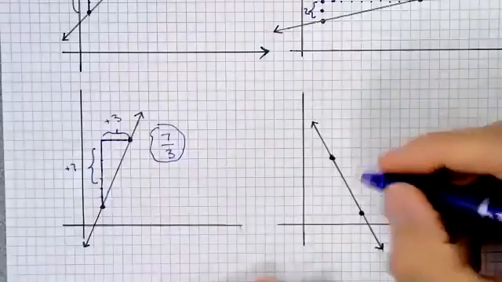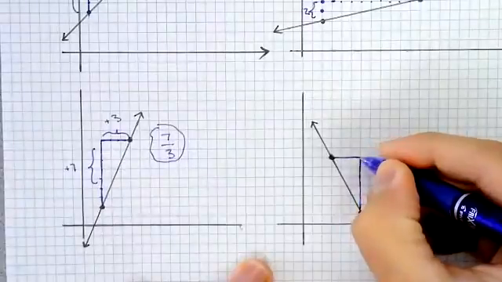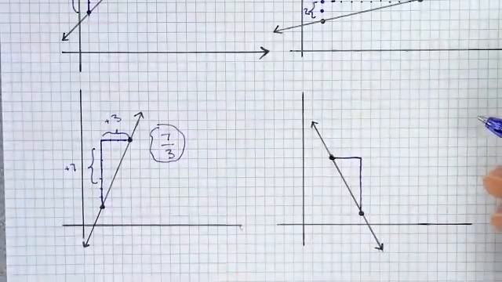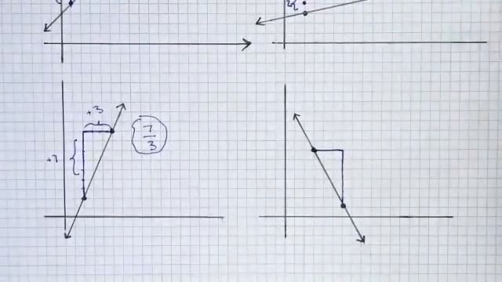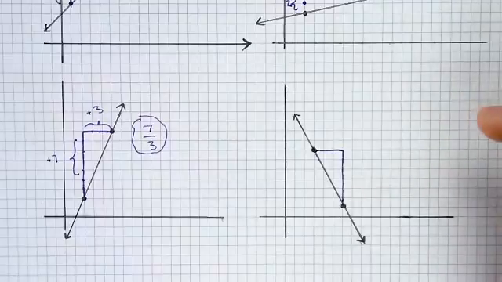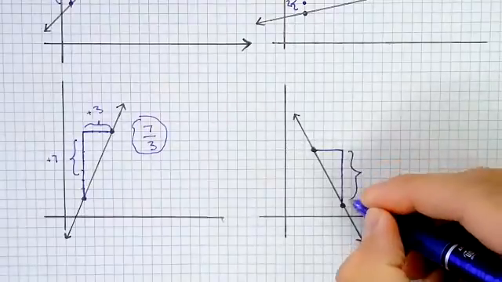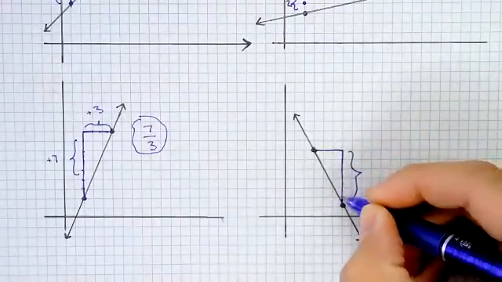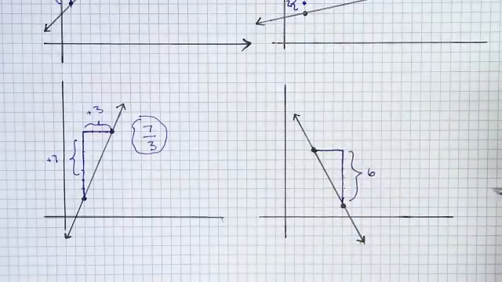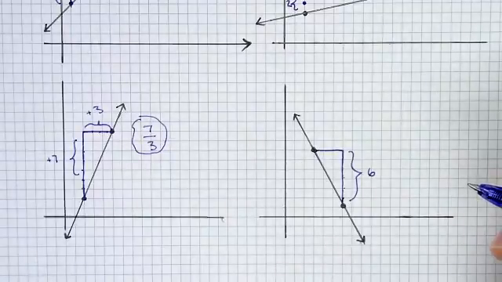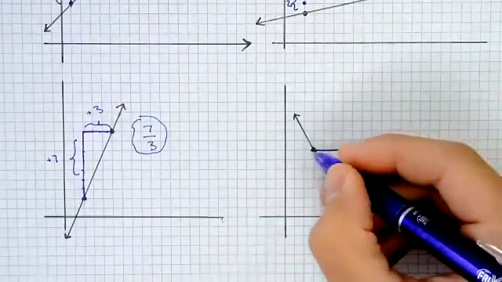Okay, this one's going to be a little bit different, as I make my slope triangle. So my change in y values would be up 1, 2, 3, 4, 5, 6. My change in x values, I go over 1, 2, 3.